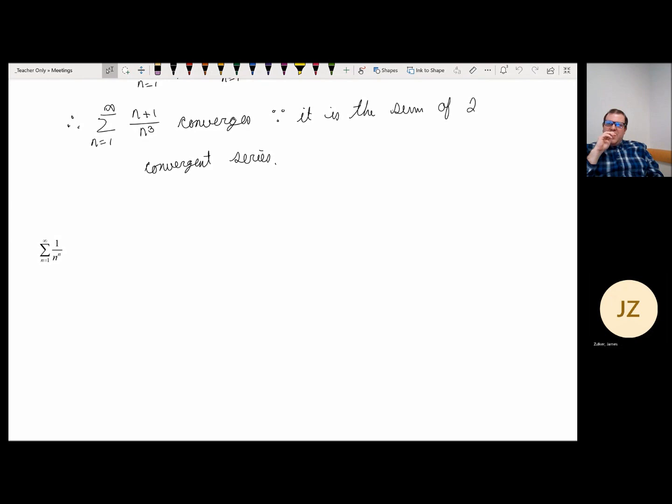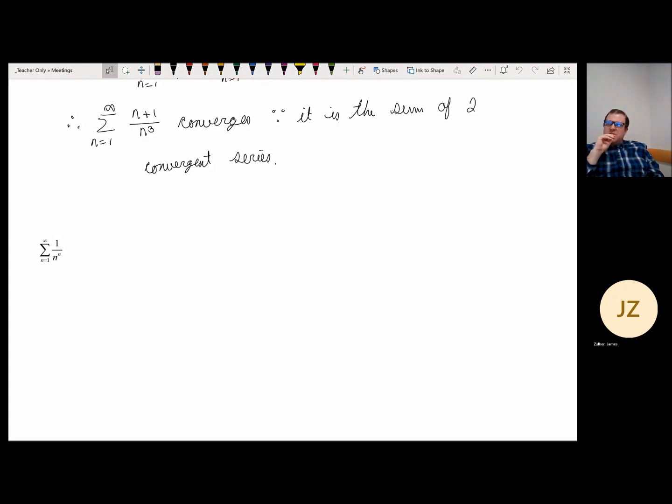You're on the right track with thinking about it geometrically. So it kind of behaves like a geometric series, right?